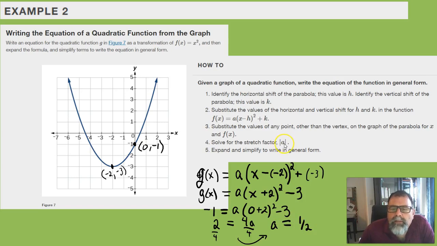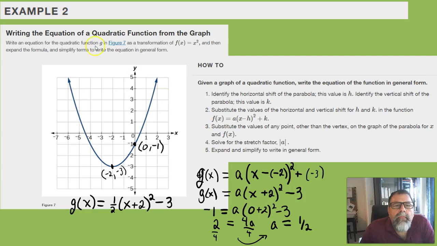Okay, so now we know a is 1/2. The absolute value of a is 1/2, and it's opening up, so it'll be positive. And now we can write our formula as g of x is equal to 1/2 (x + 2) squared -3.